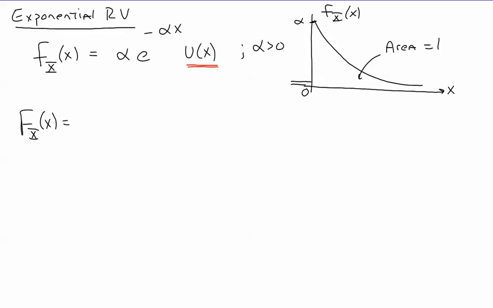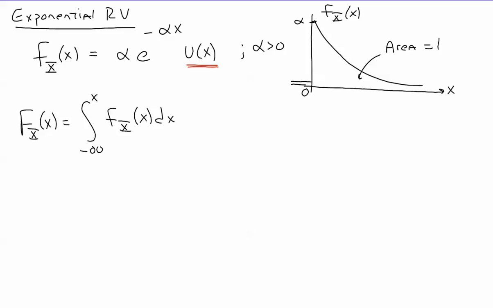Cumulative distribution function is, recall, the indefinite integral from minus infinity up to some unspecified level, with the integrand being my probability density function. Remember, the fundamental theorem of calculus tells us that the indefinite integral actually does have limits.